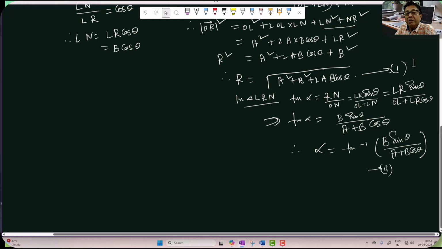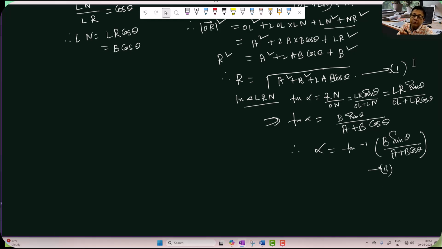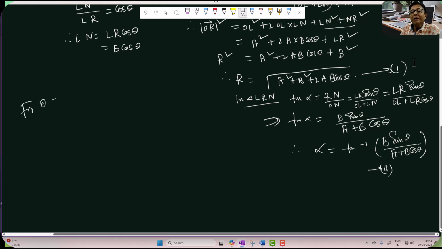Now this is direct addition of two vectors where forces are involved. This method is very useful. We will find one application definitely, but before that we will be writing what happens when theta equal to 90 degree.